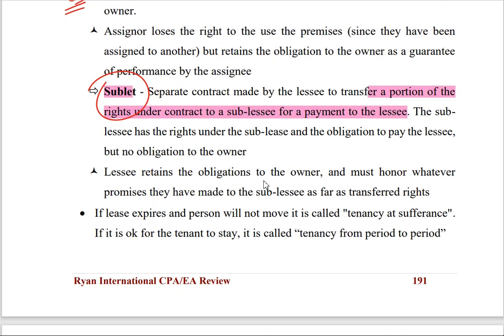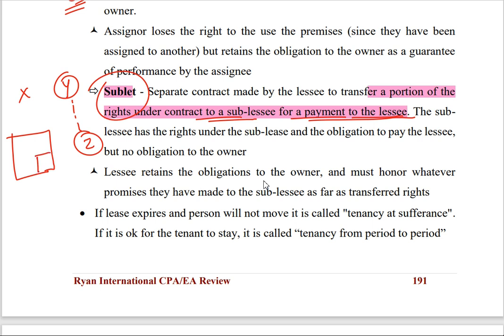You could also sublet it, where let's say X was the lessor, Y was the lessee, and later Y gave a portion of the lease to Z, and therefore a portion of the rights under the contract go to the sublessee for a payment to the lessee. So let's say X gave a building on a lease to Y. Let's say Y doesn't need all of this portion.